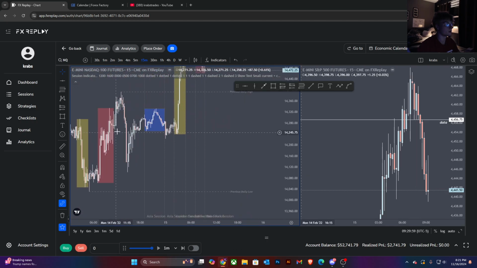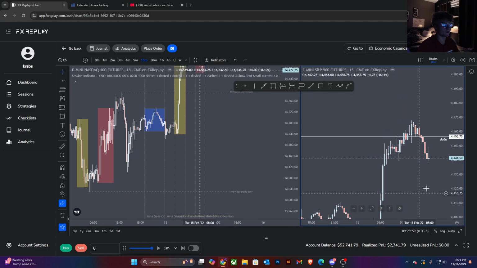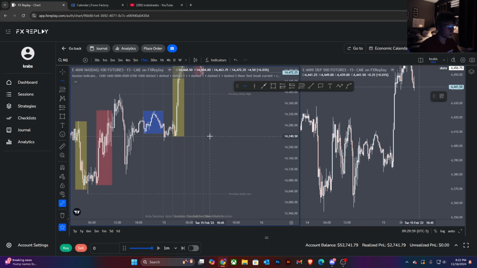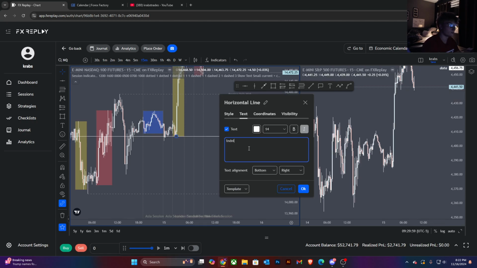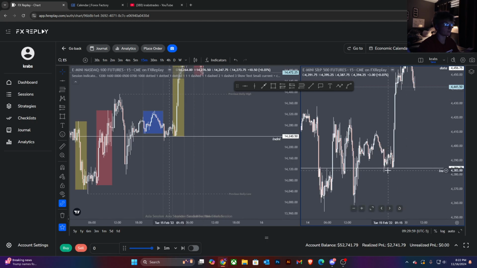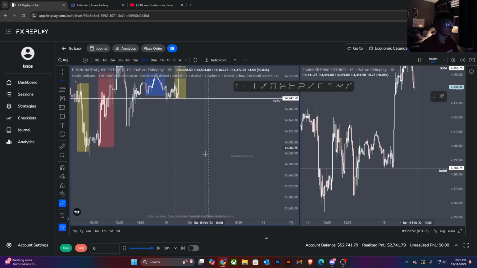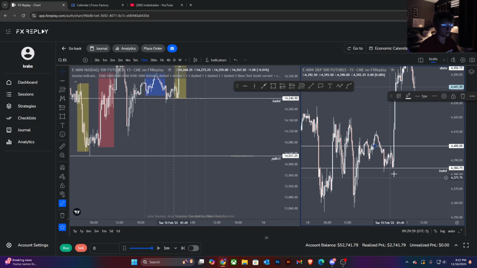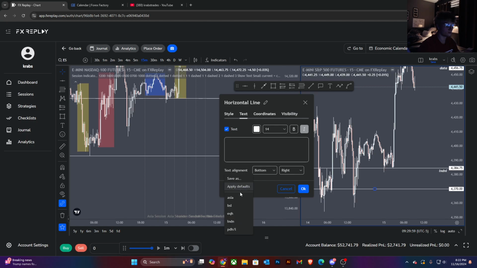So we got London low. Let's see if we got any SMT. London lows right there. We'll mark that up. Let's mark up previous day's low right there. Mark that up on ES as well.